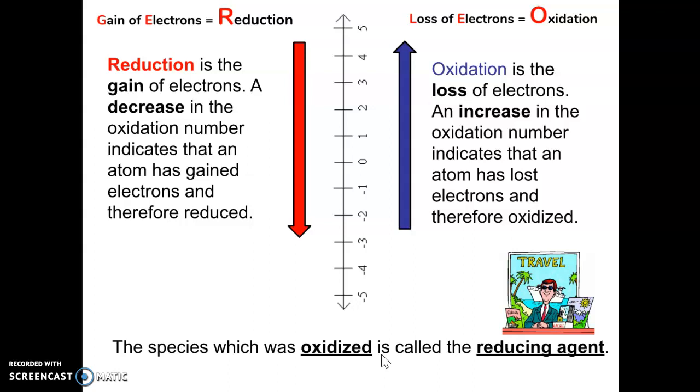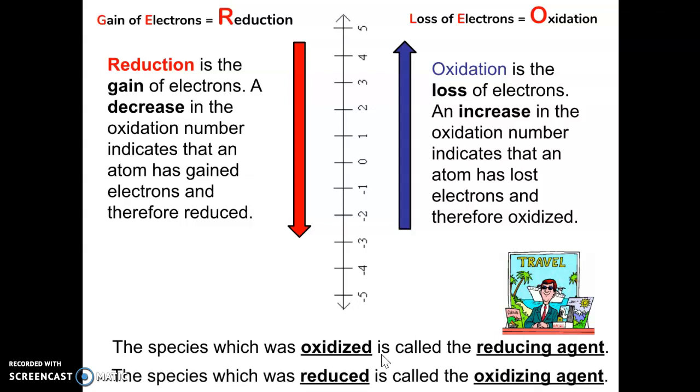You're like, listen, I don't want these things, they're negative, so I'm going to give it to you so you can be negative, okay? And so ultimately, you are making something else reduce, so you are effectively the reducing agent, even though you're being oxidized.